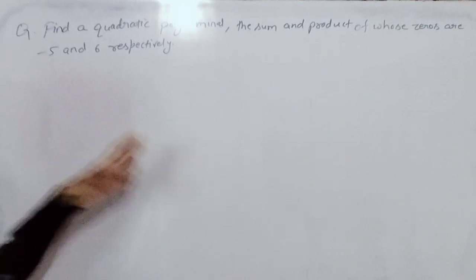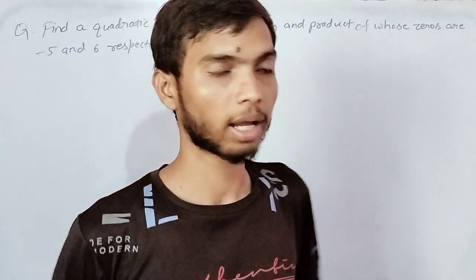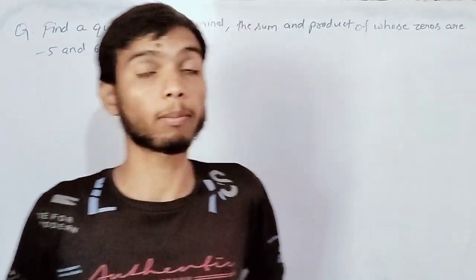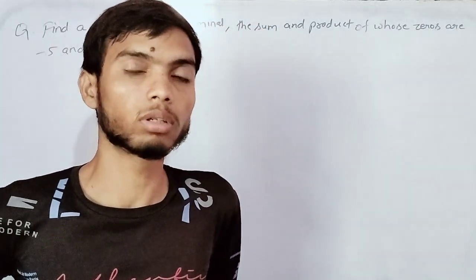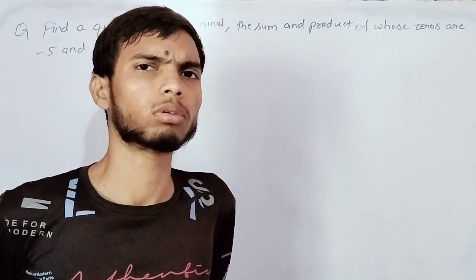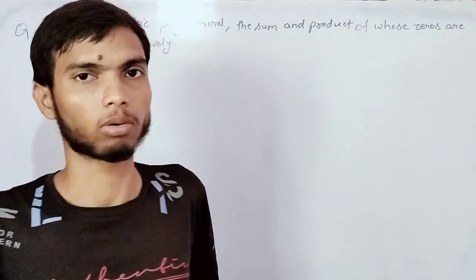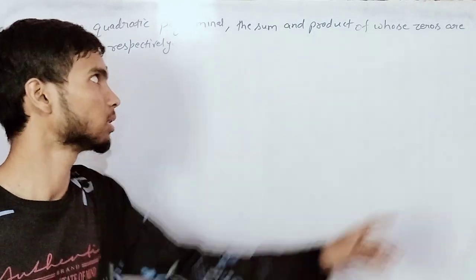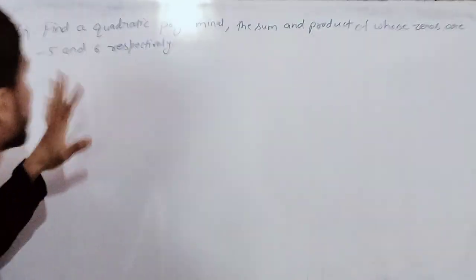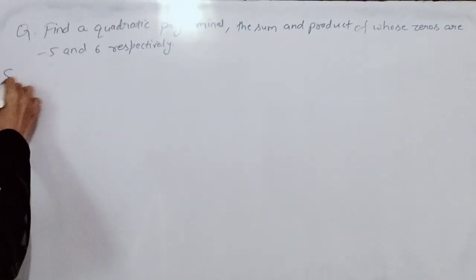We can find a quadratic polynomial. We don't have the quadratic polynomial given, but the zeros of that quadratic polynomial are given, which are minus 5 and 6 respectively.